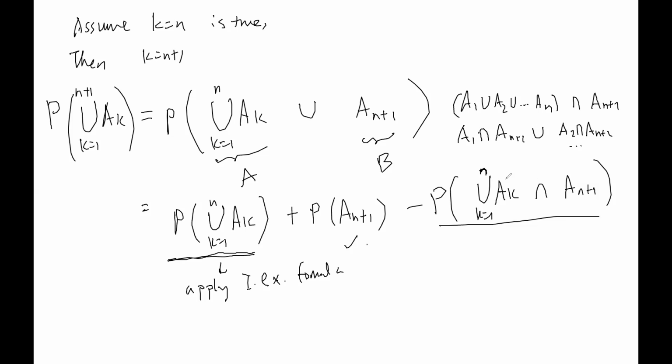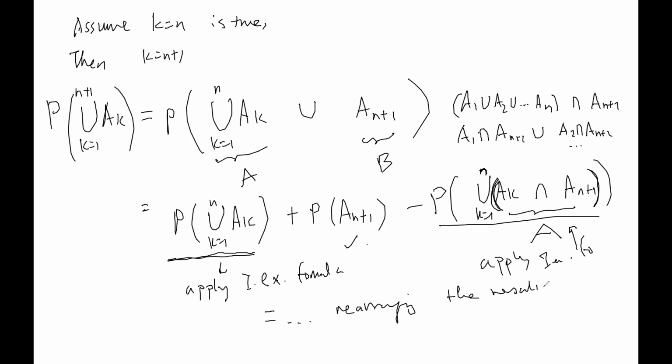So you can just put a bracket here, and therefore you treat this whole thing as one thing A, and then you apply your inclusion exclusion formula on this object. After that, it's just rearranging the results. You get the inclusion exclusion form by just replacing your n with n plus 1.